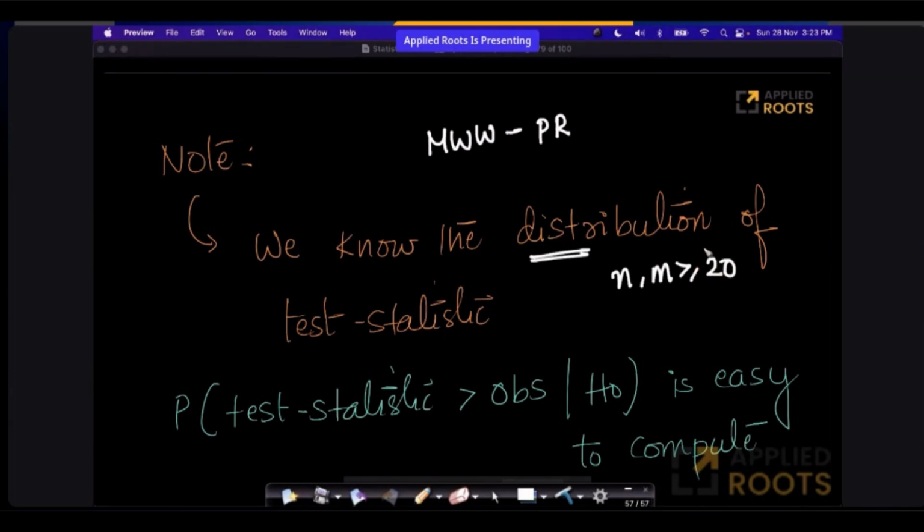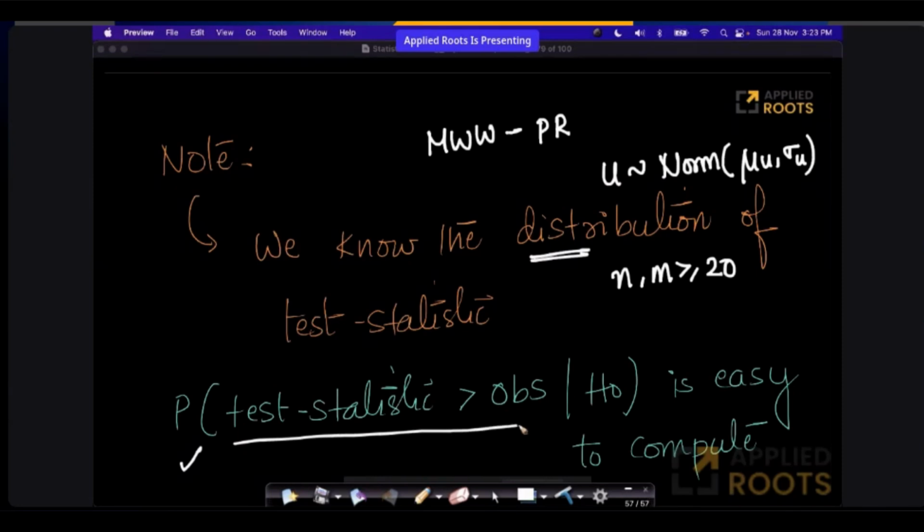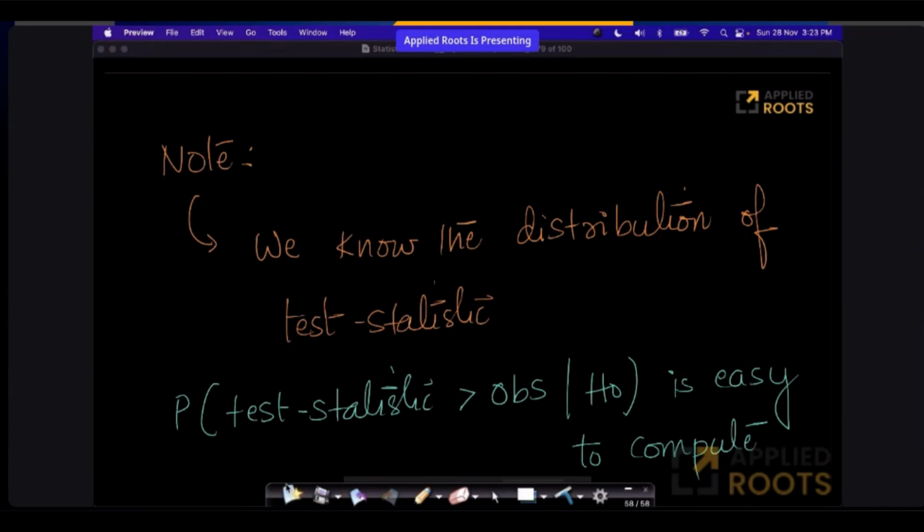When n and m are greater than 20, we know that U follows a Gaussian distribution with a very clear mean, which we can easily compute, and a standard deviation. So because of this, computing the p-value, computing the probability that the test statistic is greater than the observed value under the null hypothesis, is very simple, because it's all about finding the area under the Gaussian distribution. It's too simple, right? Okay, cool.